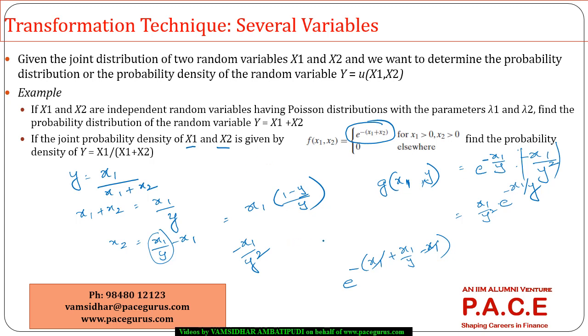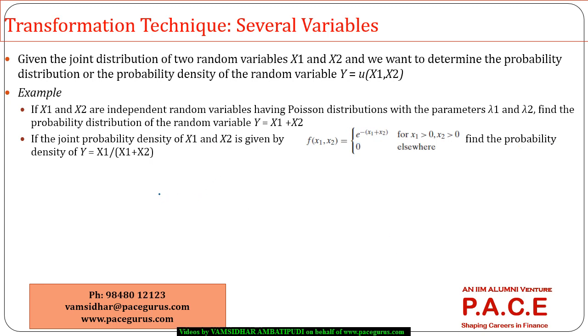Now I can very well integrate this one, x1 by y squared e to the power of minus x1 by y, between 0 to infinity because x1 is greater than 0, dx1. Because now I am integrating it only with respect to x1.